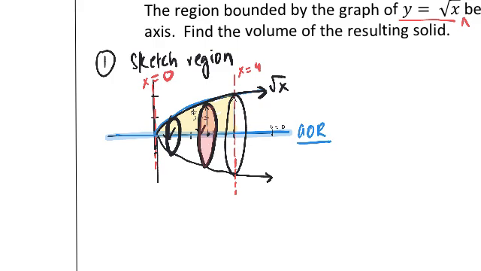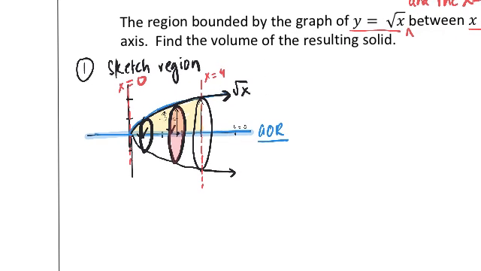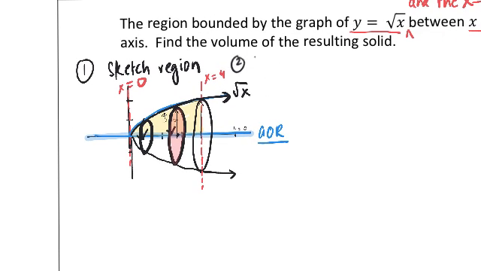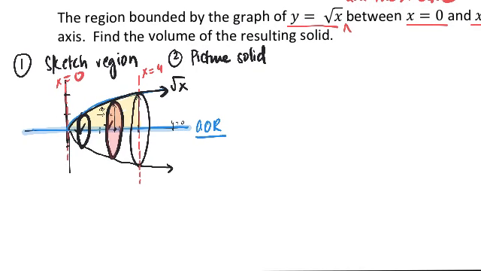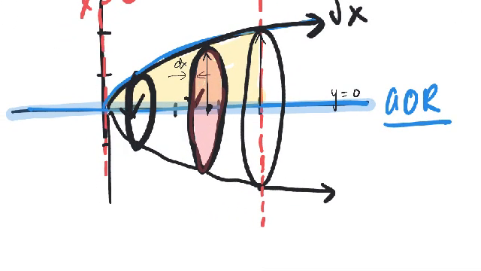So how we do these problems is we sketch the region and picture the solid. That's what I did in terms of drawing that revolution. Then we find the radius. So I already showed you the radius. The radius of any disk is this distance from here to here, from here to here. So the y at the top of that is just rad x.